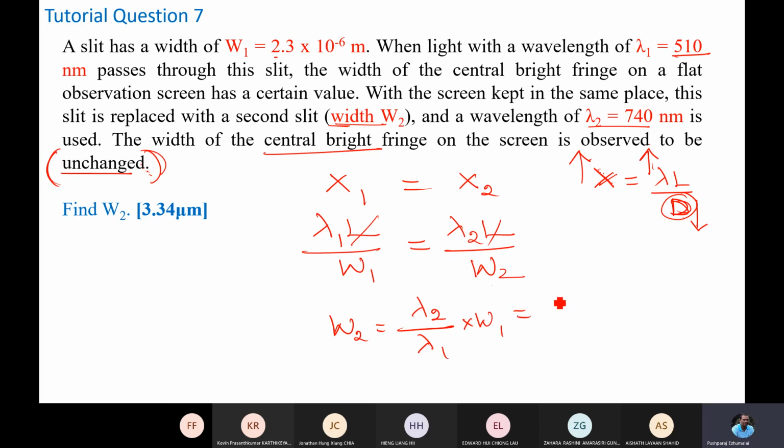Lambda 2 is 740 nanometer divided by 510 nanometer, so nanometer gets cancelled, into W1. What is W1? 2.3 into 10 power minus 6 meter. So what is that value when I divide it?